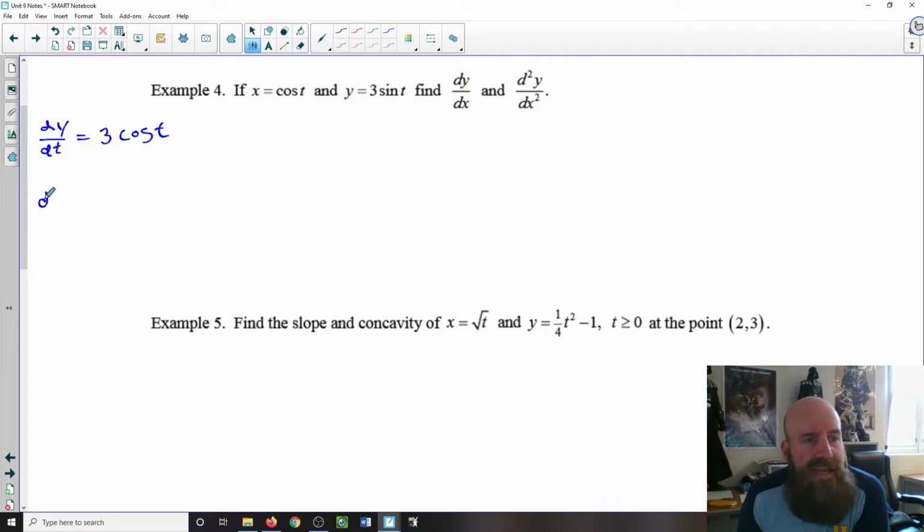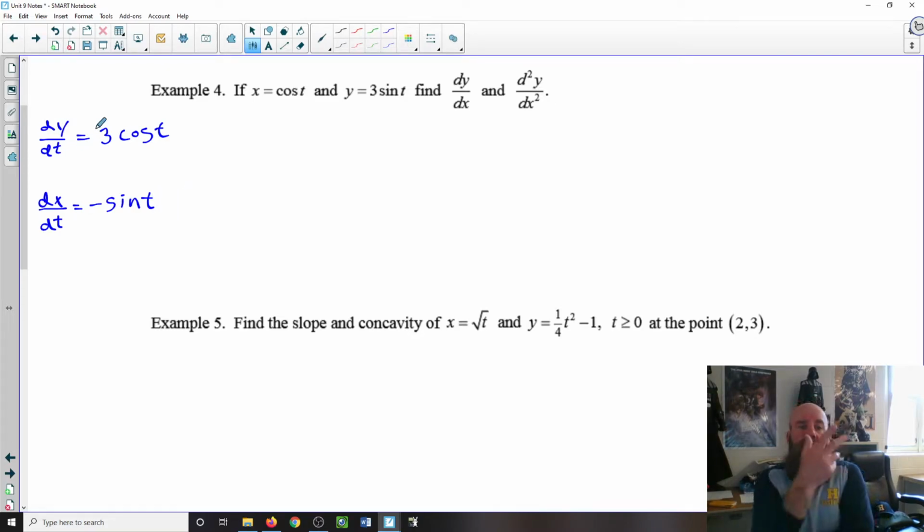And then we're going to do our dx dt. So derivative of our x equation, derivative of cosine is negative sine. Now that we've taken the derivative of both of our equations, we can set up our dy dx. So dy dx is simply putting our derivative of y over derivative of x.